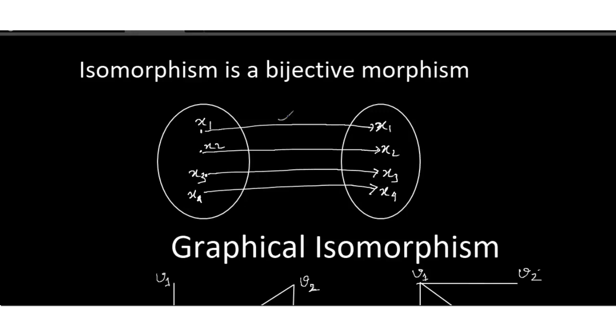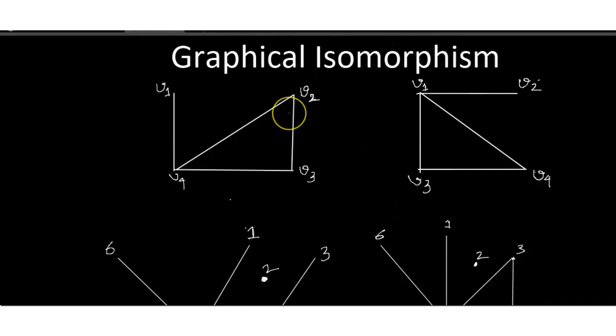Every member of the domain, which is on the left hand side, is mapped with every single member of the codomain. This is the domain, and this is the codomain.